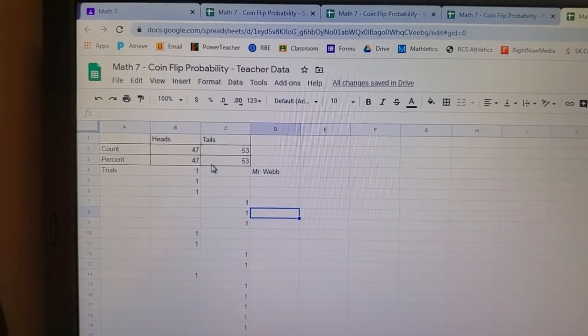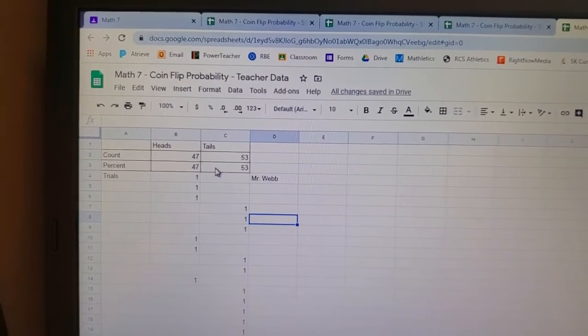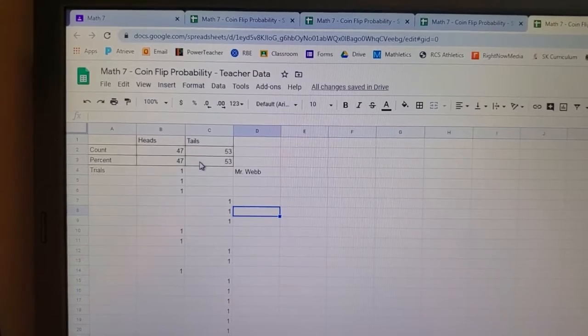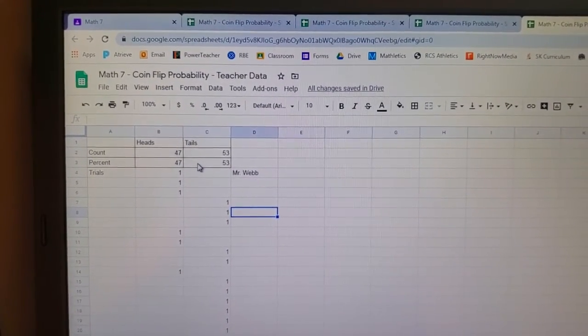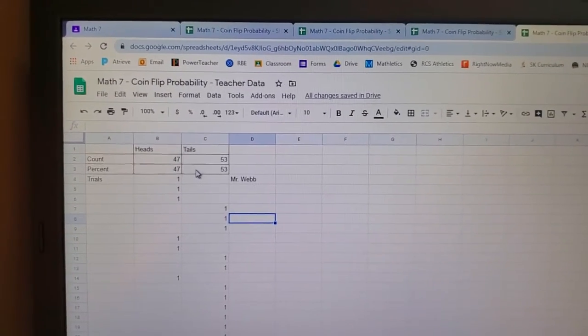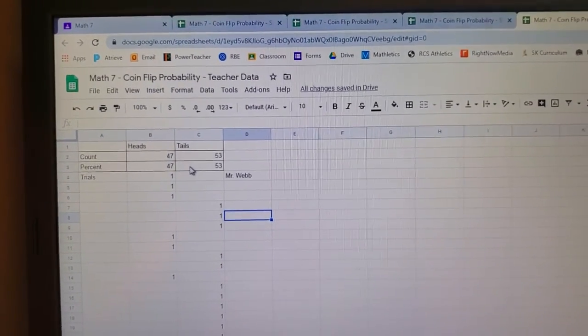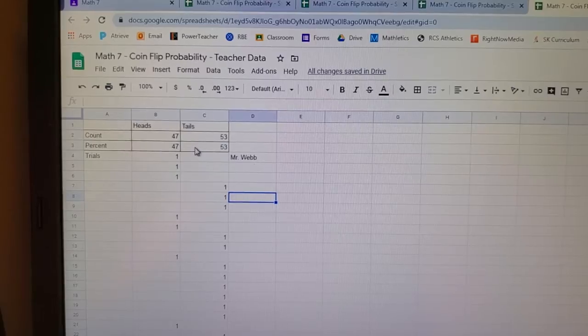My prediction is that it's going to get closer and closer to 50-50. Make your own prediction, you don't have to do what I'm doing. That's just my prediction because that's what the theoretical is. However, who knows? Maybe the theoretical isn't going to be exactly right.